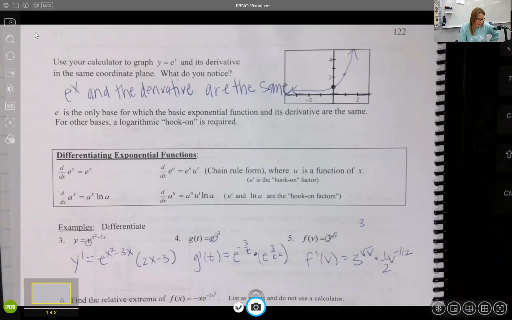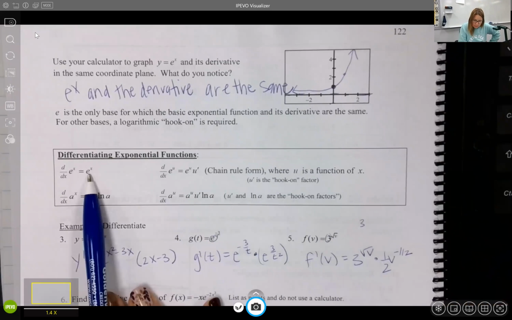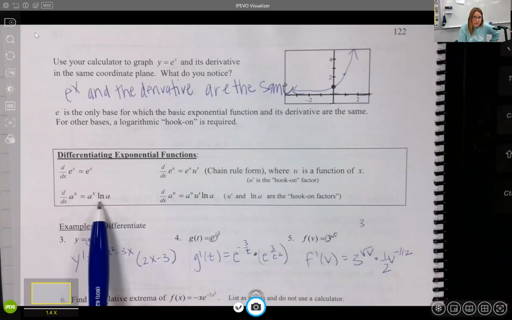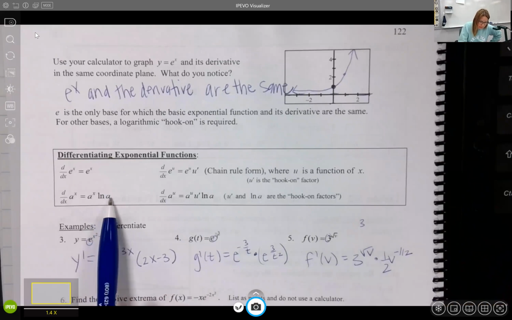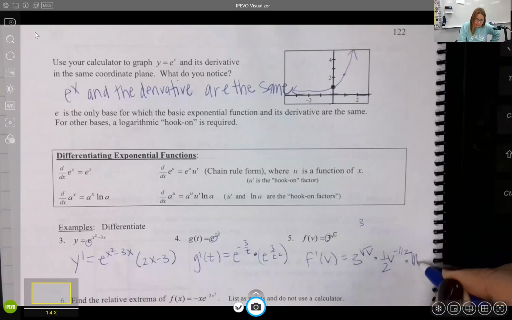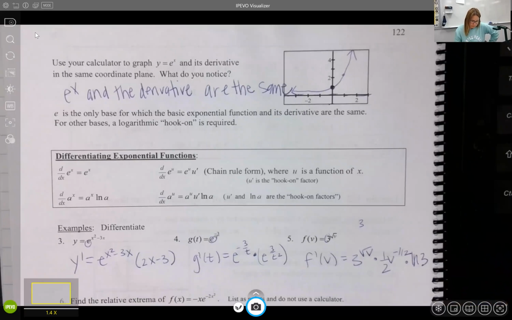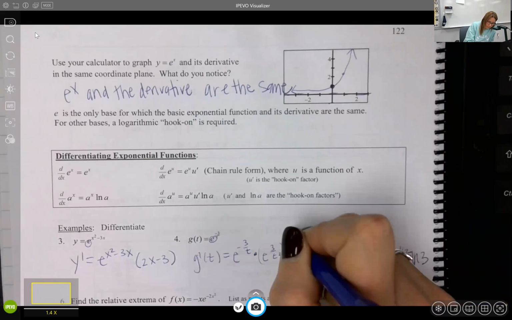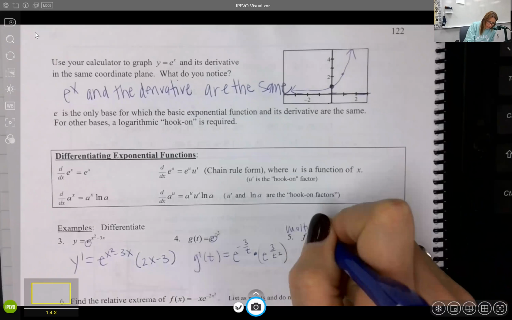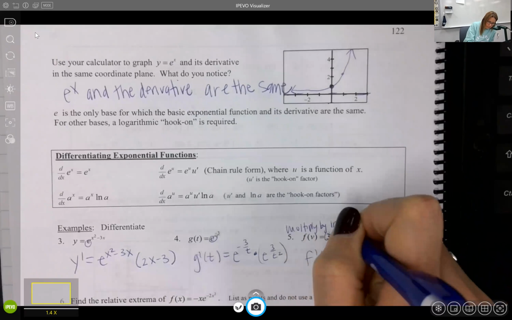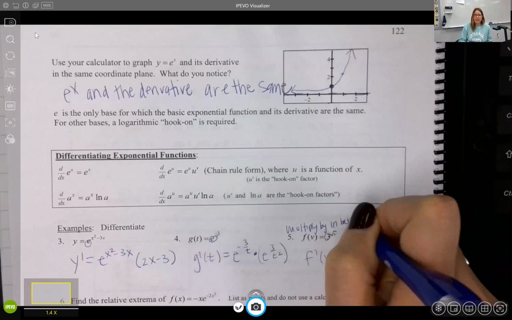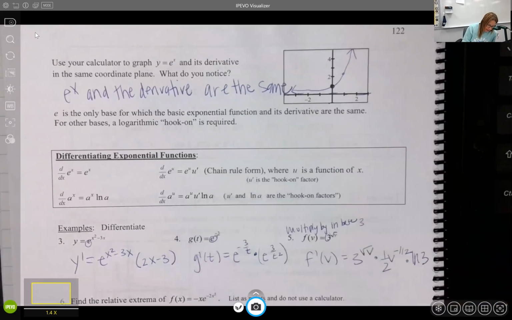So if it's not an e, I have to include my natural log of whatever that number is. So times the natural log of 3. Okay, so we do it the same way we do e, but then we multiply by the natural log of our base, when it's not e.